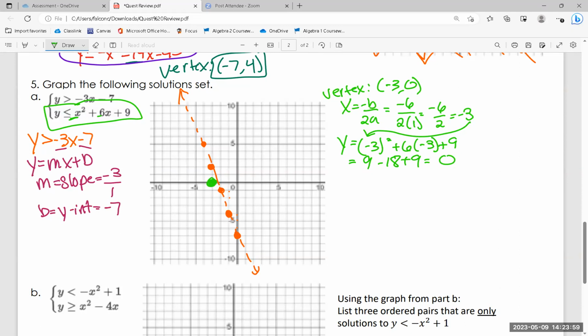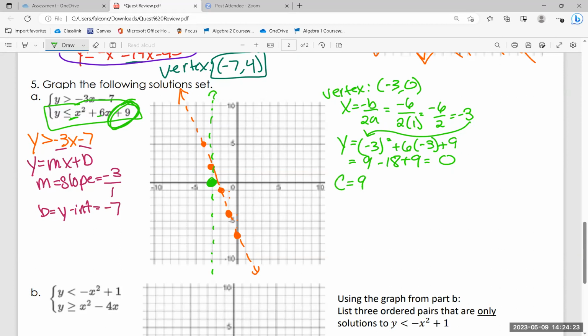So for this one, because we are on the x-axis, what we can do is use our axis of symmetry. The axis of symmetry goes through the vertex, that imaginary line that goes through negative 3. And we can use our y-intercept. Remember, the y-intercept is the c value on our quadratic, so this 9.